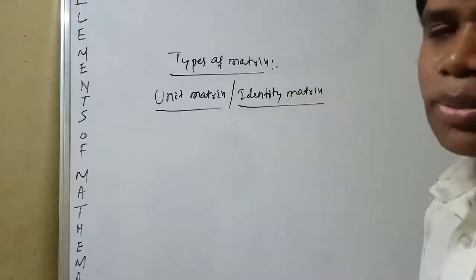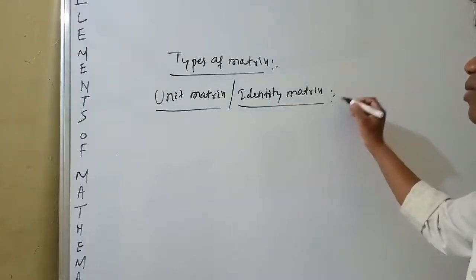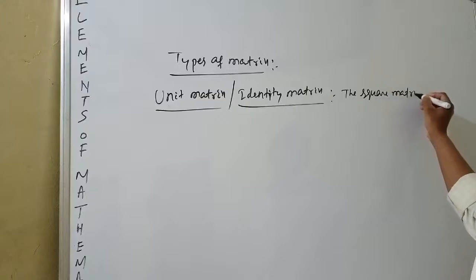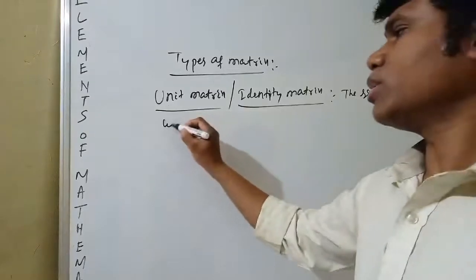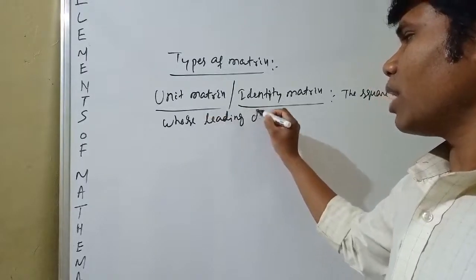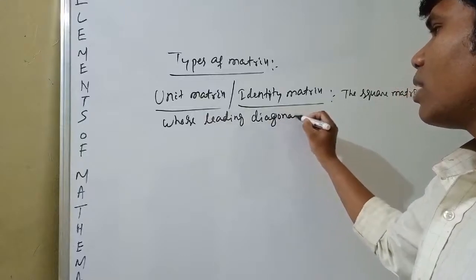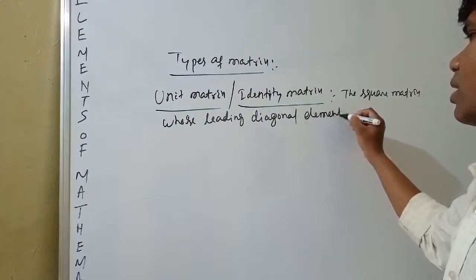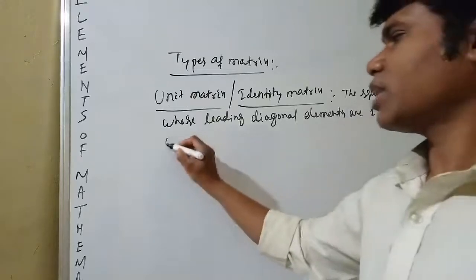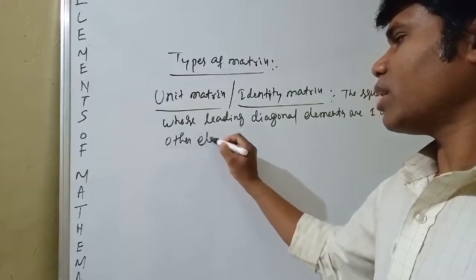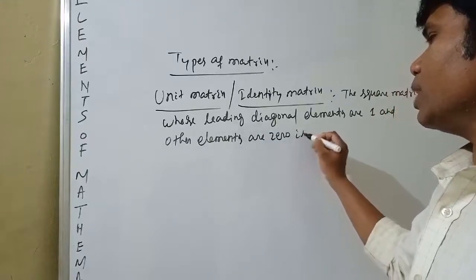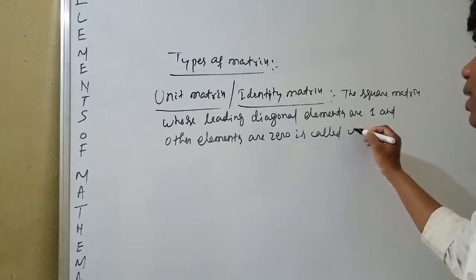The square matrix whose leading diagonal elements are 1 and other elements are 0 is called the unit matrix.